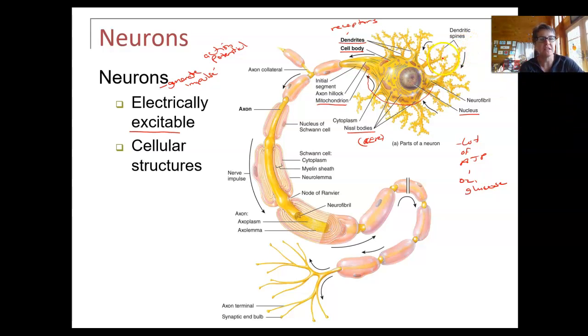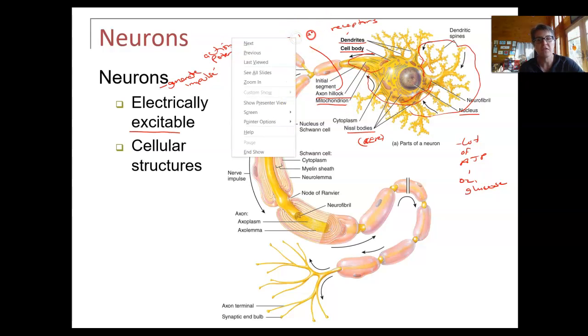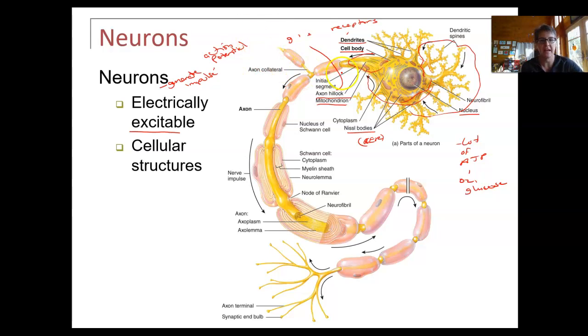The dendrites are all these little spikes coming off of the cell body. They have receptors on them. Then I have this area here called the axon hillock. This is the first part of the axon, and this is what will generate the action potential.